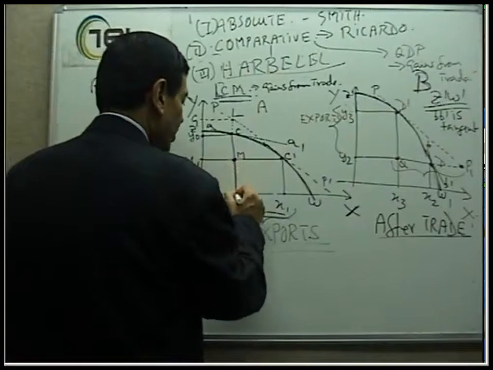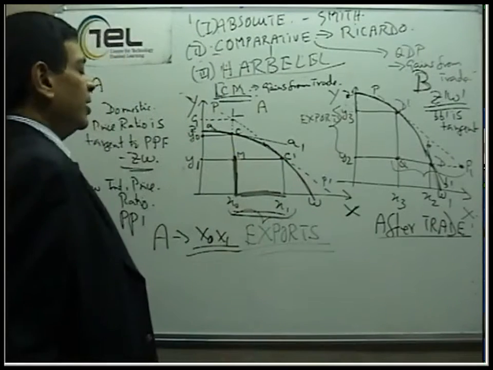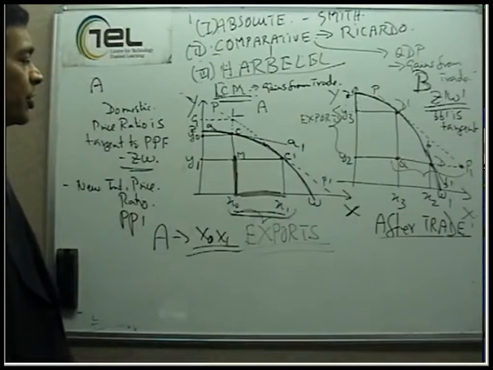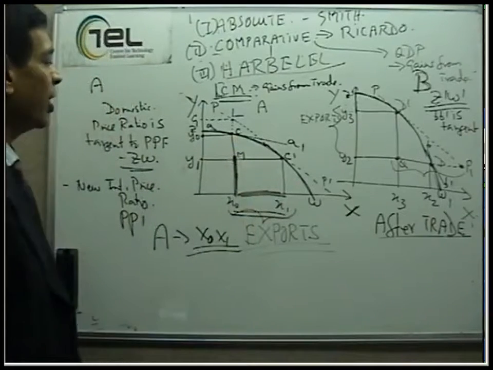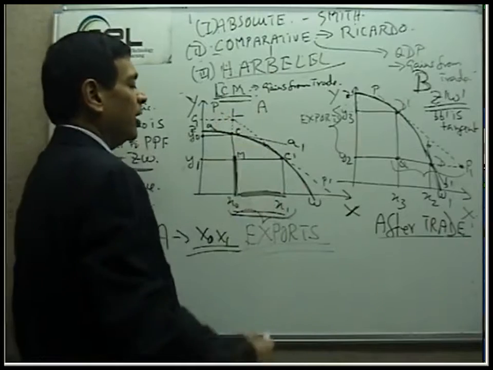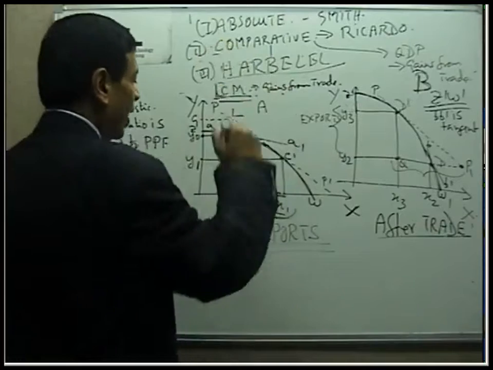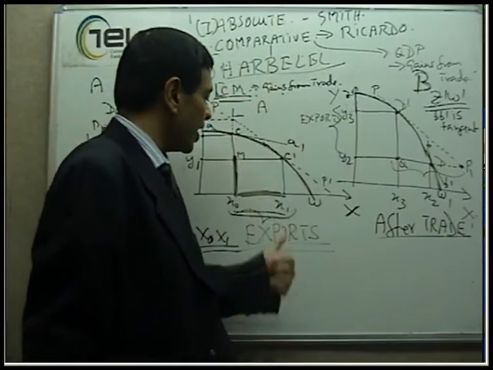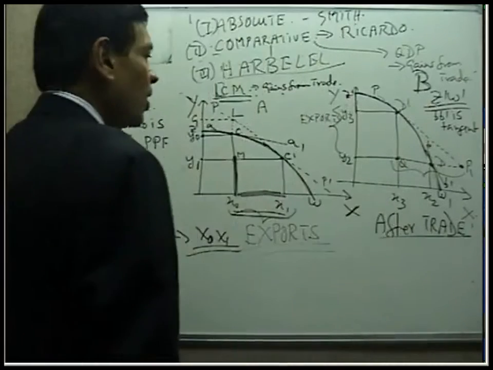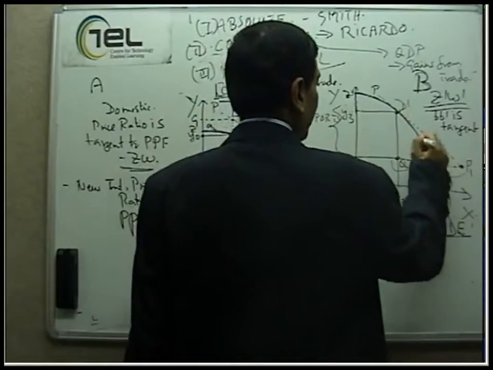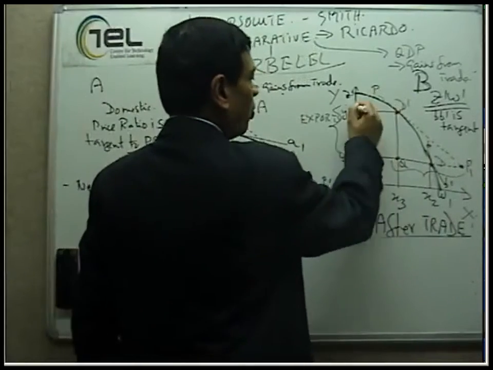If you look at this big dashed line, this is the surplus which it exports, and this additional commodity Y which it consumes is imported. So this is what I call the gains from trade, where country A imports a higher quantity of good Y. Now let's look at country B. When it moves to a new equilibrium from D to D dash, we see the equilibrium is X3 and Y3.